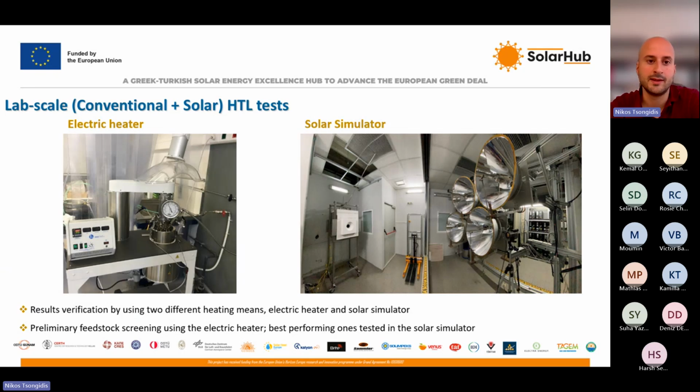So just to give you an idea, some of the parameters that are tested when it comes to the conventional HTL tests include, of course, the reaction temperature, the initial pressure that we start our experiments with. Then we also have the retention time of our reaction.